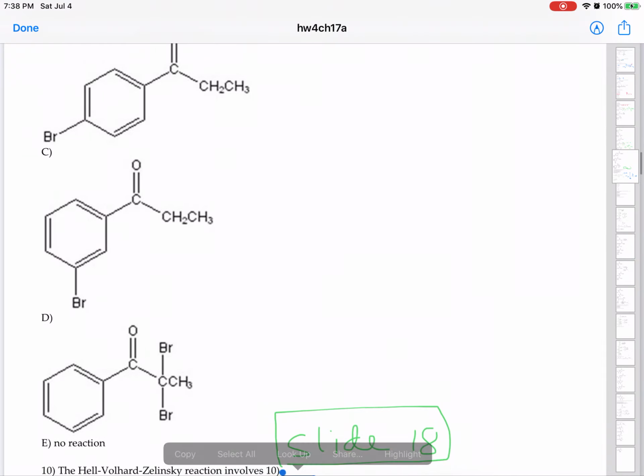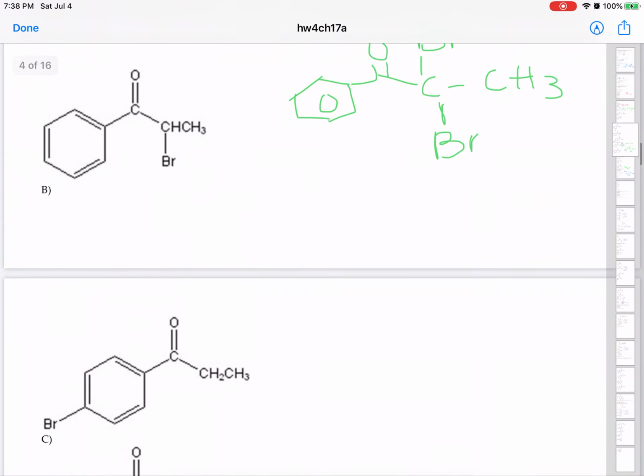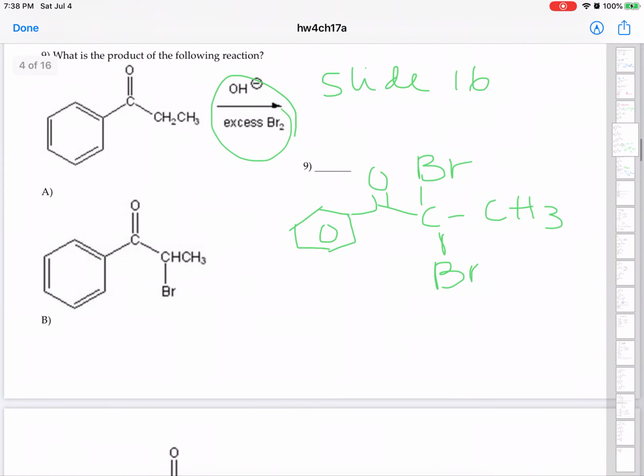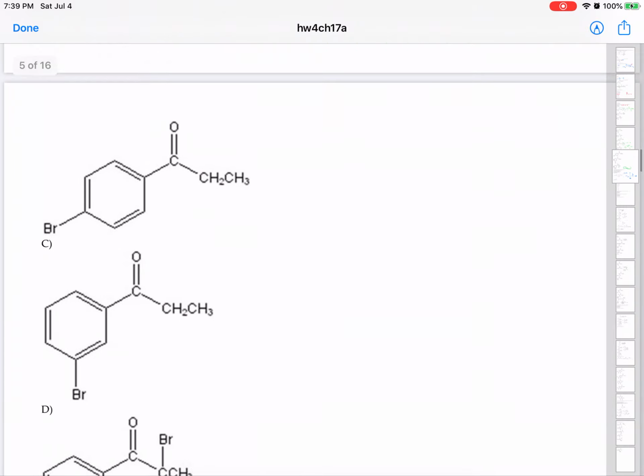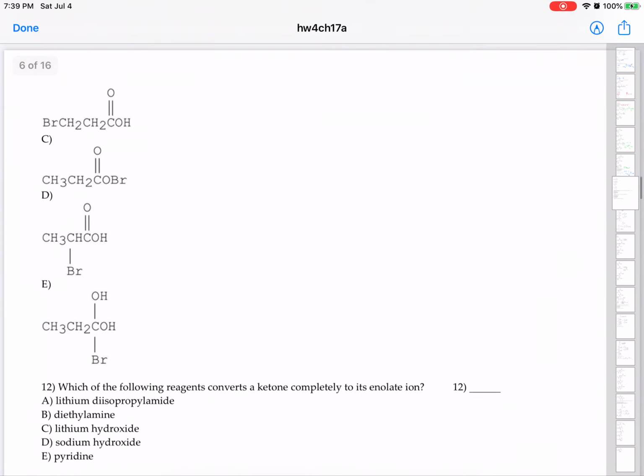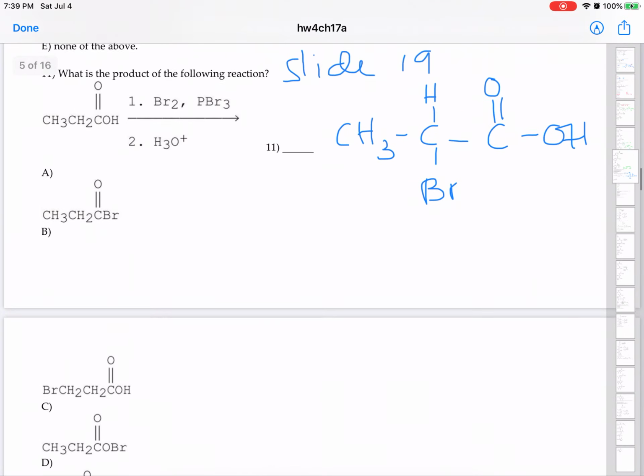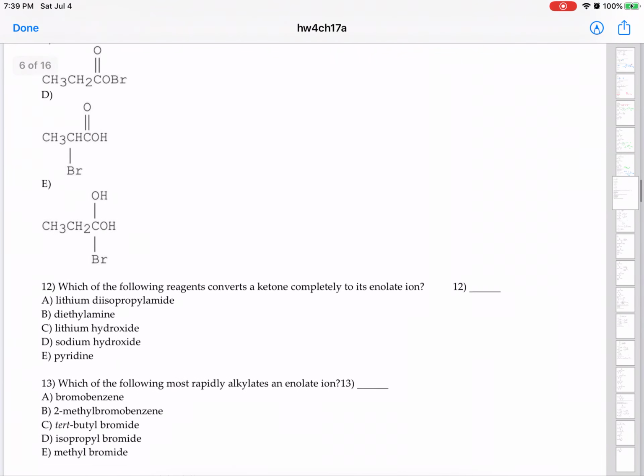And the previous one is a ketone. Okay, now this is a carboxylic acid. That's number 11.